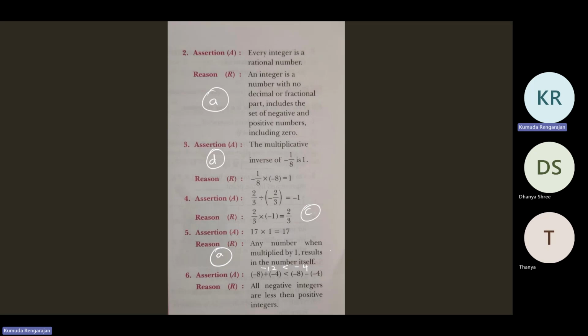In the assertion statement, we have only negative integers, right? -8 and -4. Here is the sum of -8 and -4. Here it's a difference of -8 and -4.